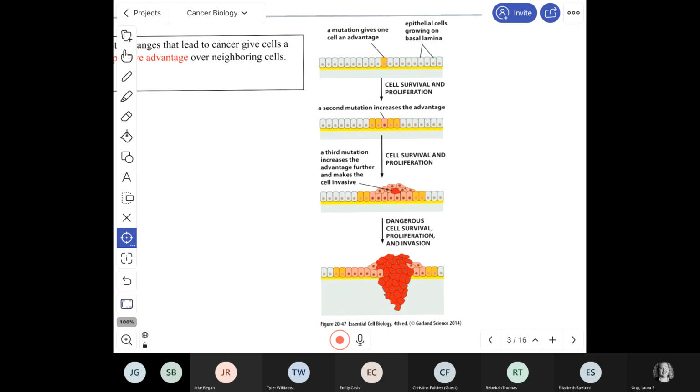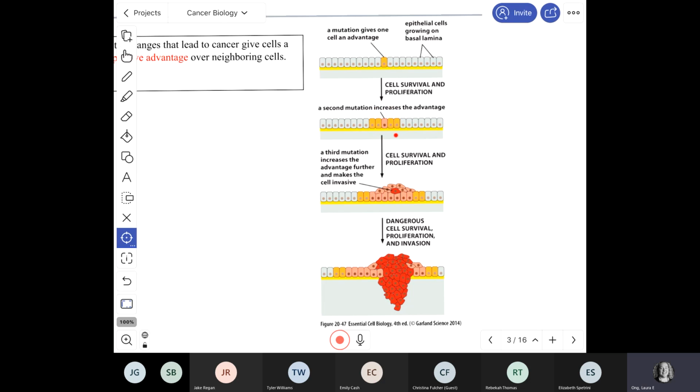And the mutation that gives a cell cycle problem, if it's going to lead to more cell division for that cell, by definition, that cell that has that particular type of mutation in its cell cycle genes is going to have an advantage over the neighbors. And so that cell is going to divide more often, and it will have more offspring that have that same cell cycle mutation.